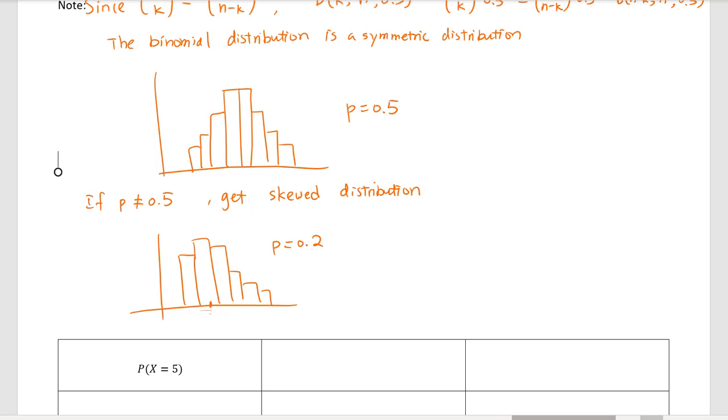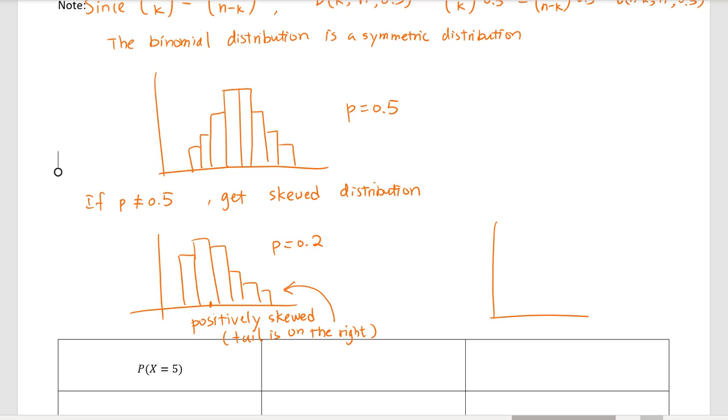So we said this guy is positively skewed, and the tail is on the right. So this is the tail. The tail is on the right.